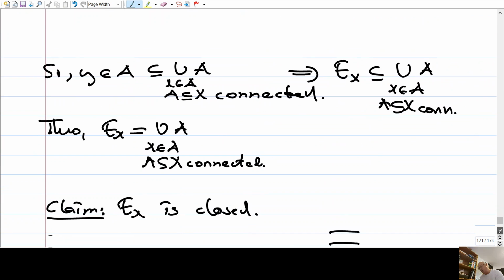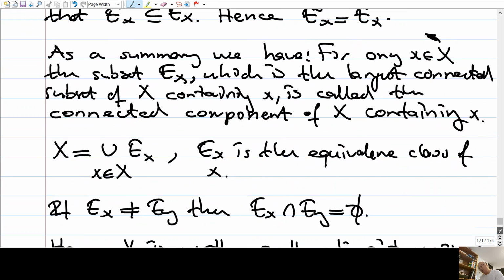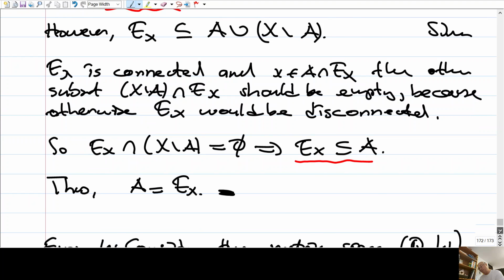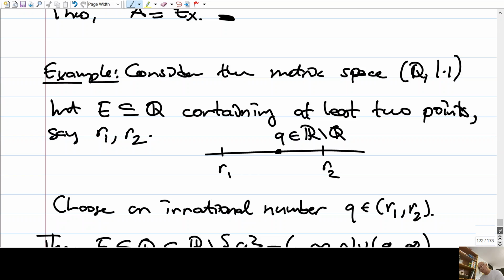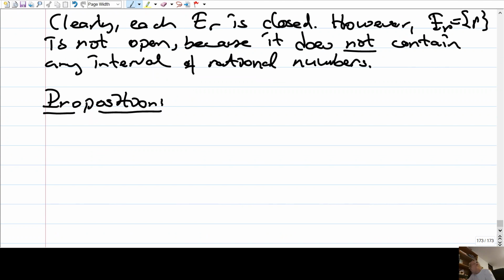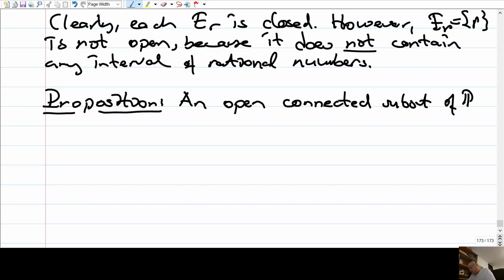Here is the result, which I will prove next time: an open connected subset of Rn is arcwise or pathwise connected.